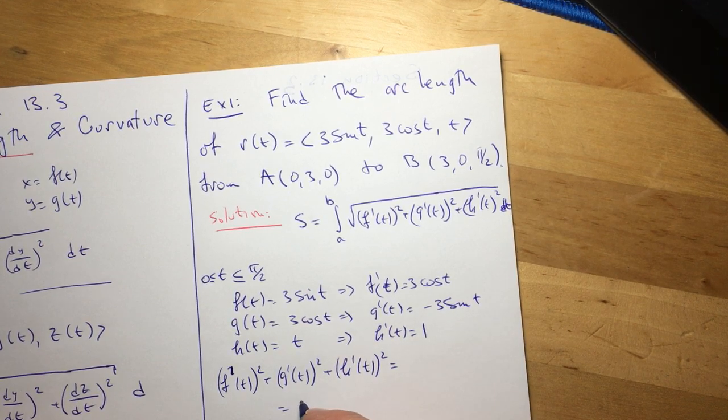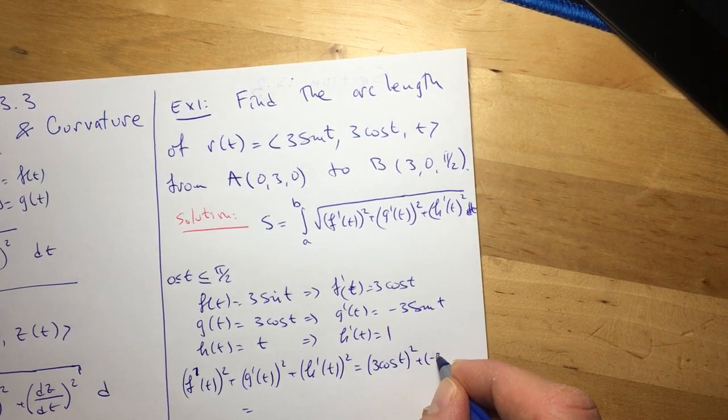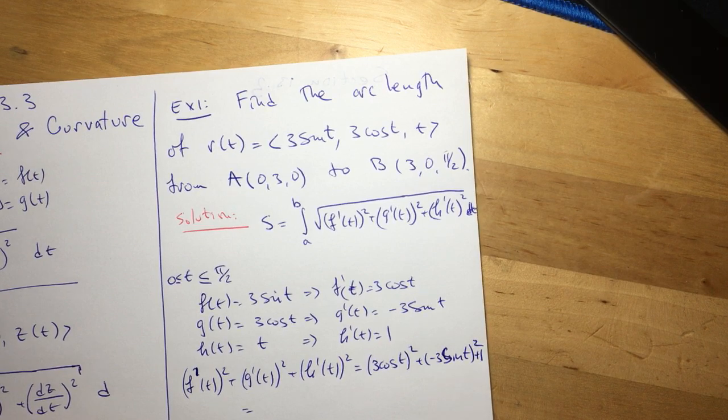is equal to (3 cosine t) squared plus (negative 3 sine of t) squared plus 1 squared, which is 1. And now we get 9 times cosine squared of t plus 9 times sine squared of t plus 1, which is equal to 9.